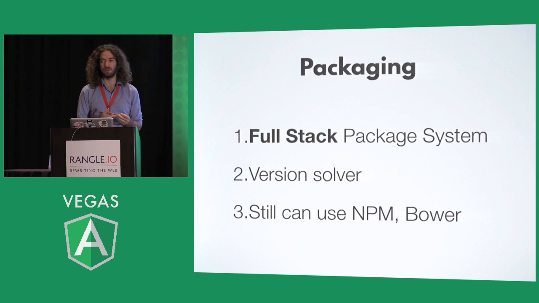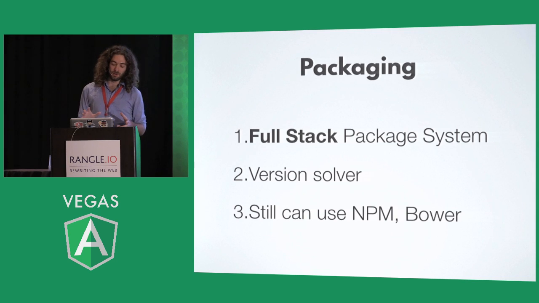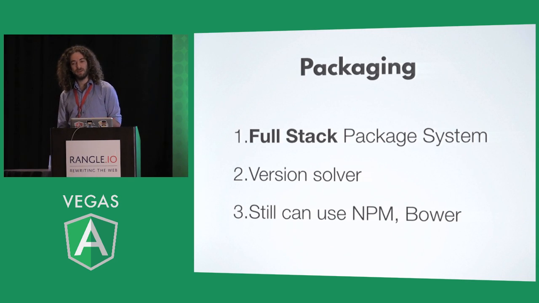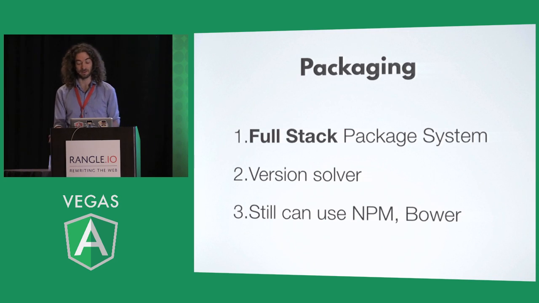But in NPM, you don't have that. Actually, in Bower, you do it manually. With NPM, you can do it manually if you do some tricks, and if you don't do those tricks, you will get just two versions of Angular, which is not a great thing.